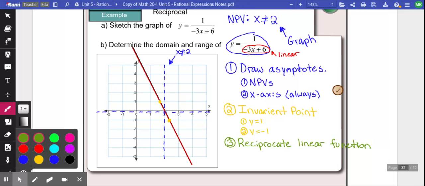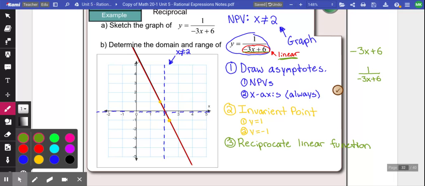Okay, so I'm going to take that straight line that I have, that red line, and I'm going to reciprocate it, because that red line represents -3x plus 6, right? That's what it represents, this straight line right here. And I don't want that as my graph. I want the reciprocal of it, which is 1 over -3x plus 6.